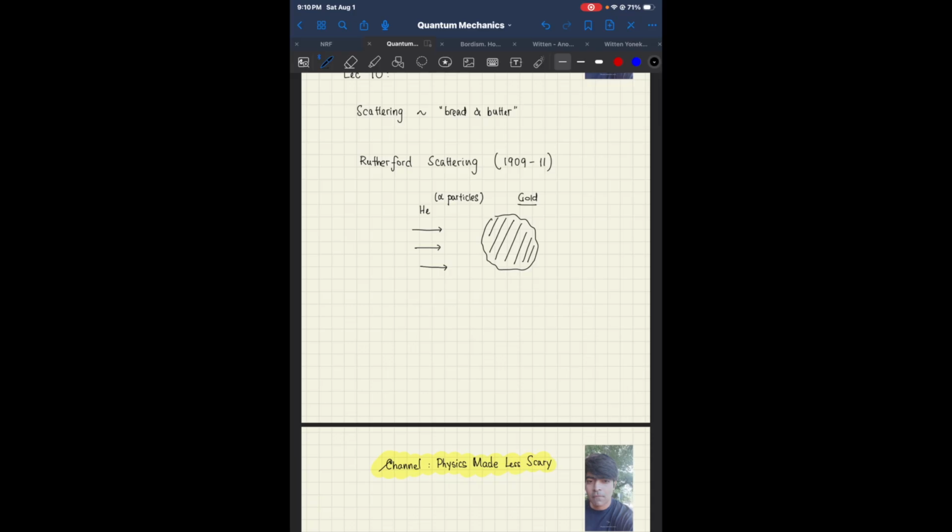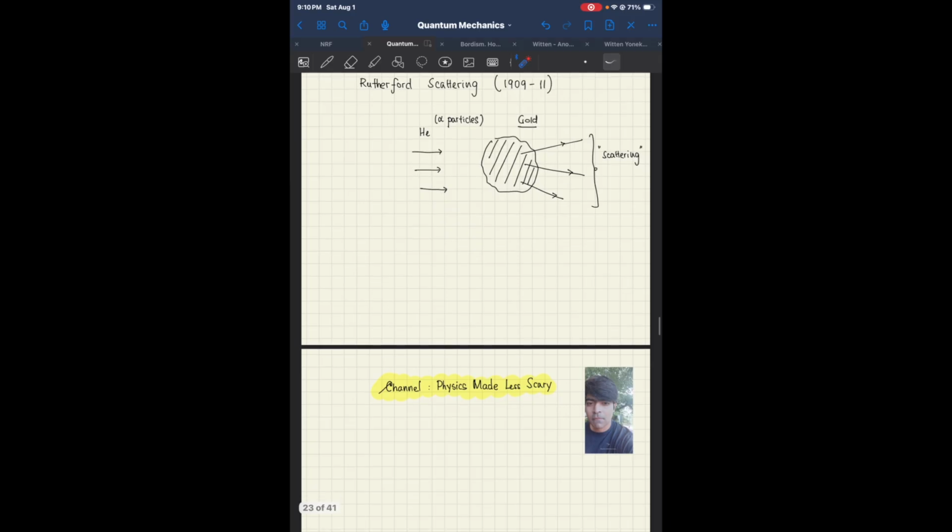And what he noticed was that these guys scattered from their original path, hence the name scattering. They came in parallel lines, and they were roughly scattered in this manner. Great. But going a bit deeper, what he noticed was that most of them didn't scatter.